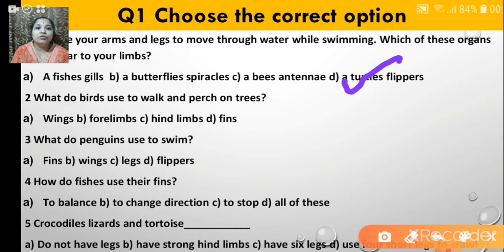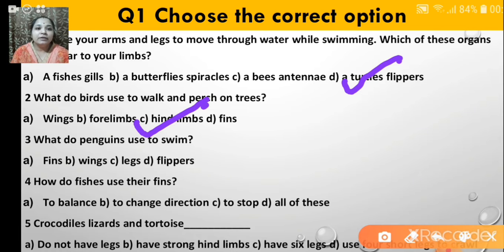What do birds use to walk and perch on trees? Wings, forelimbs, hind limbs, or fins? The answer is hind limbs. Now, what do penguins use to swim?